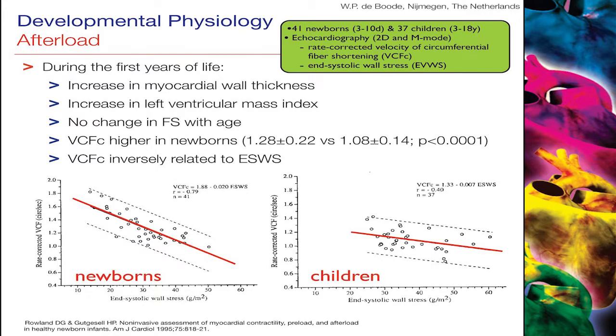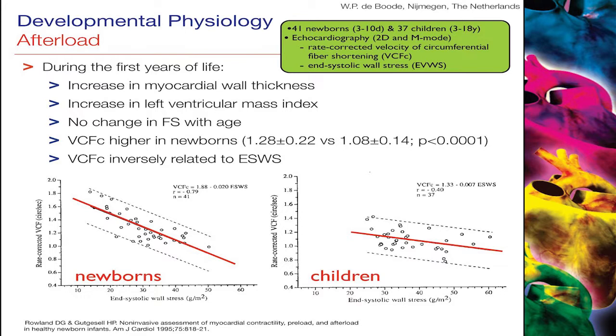Looking at developmental physiology, during the first year of life you have an increase in myocardial wall thickness and an increase in left ventricle mass index. This is from a study in newborns using echocardiography. It's known that fractional shortening is unchanged with age.